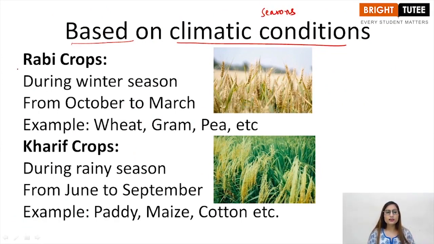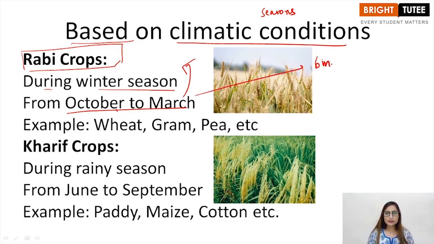Now students, Rabi crops. What are Rabi crops? During winter season, from October to March, this is referred to as winter season. From October of this year to March of next year, it is a duration of 6 months, right?